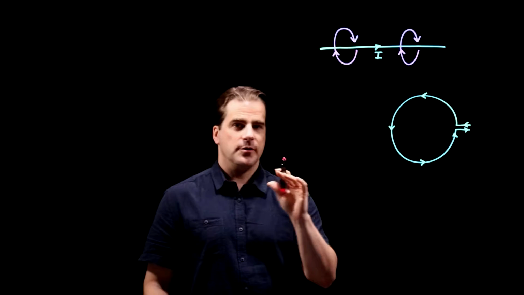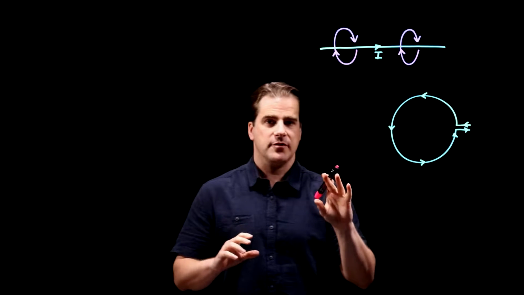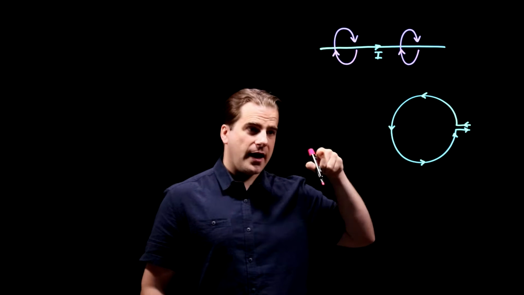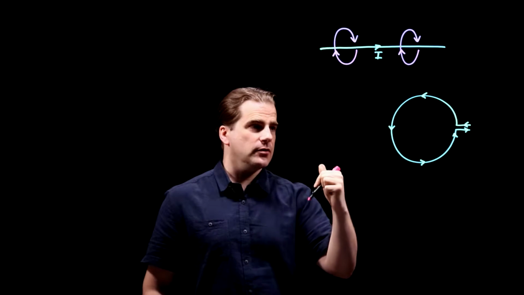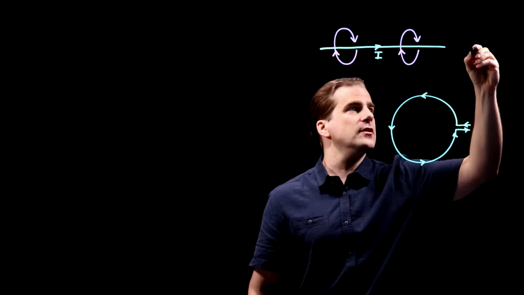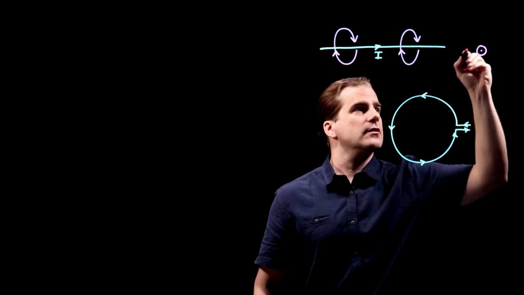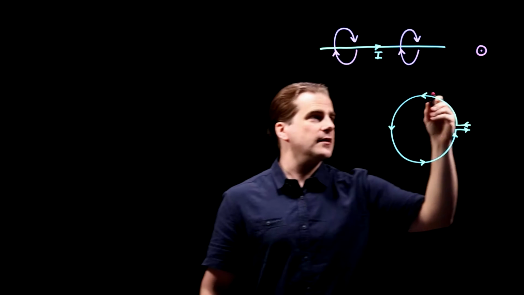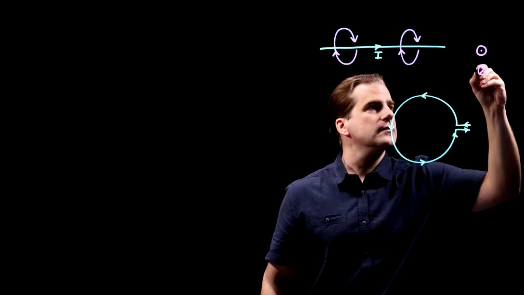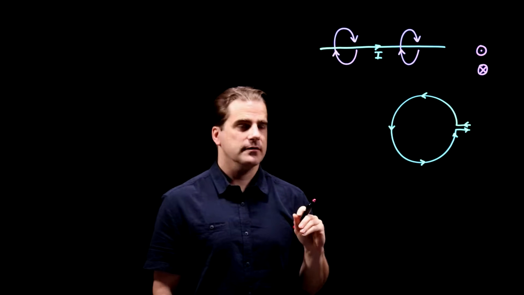Right, I'm going to be using these two symbols to represent magnetic field going out of the glass towards you or into the glass towards me. If it's going out of the glass towards you, it looks like that. If it's coming into the glass towards me, I'm going to draw it like that.